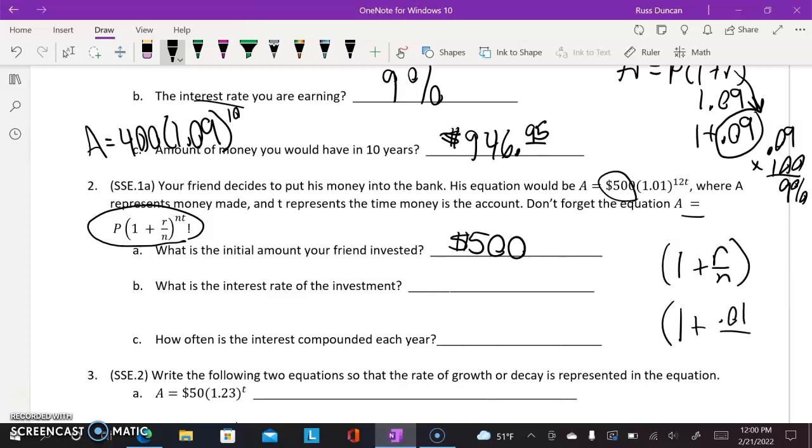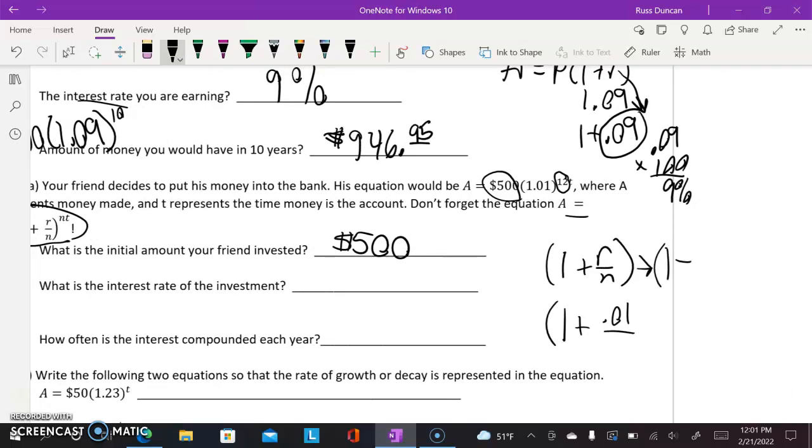Okay? Now this one's tricky to get to. Now what you can notice is that 12 is up here. Remember, if 12 is up there, then this would also be 12. N would be 12 here. So 1 plus blank over 12 is what we would have.